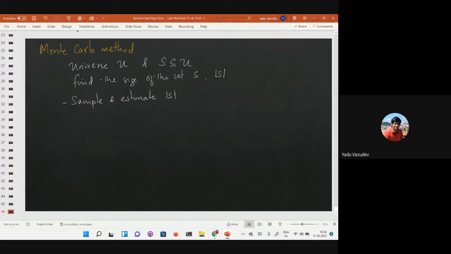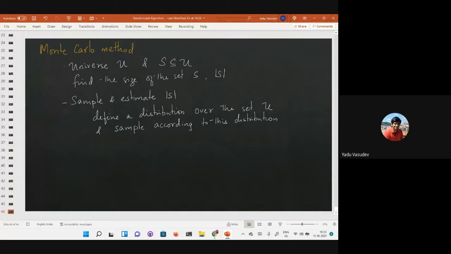The idea is that you define a probability distribution over the set U, and you sample according to this distribution.